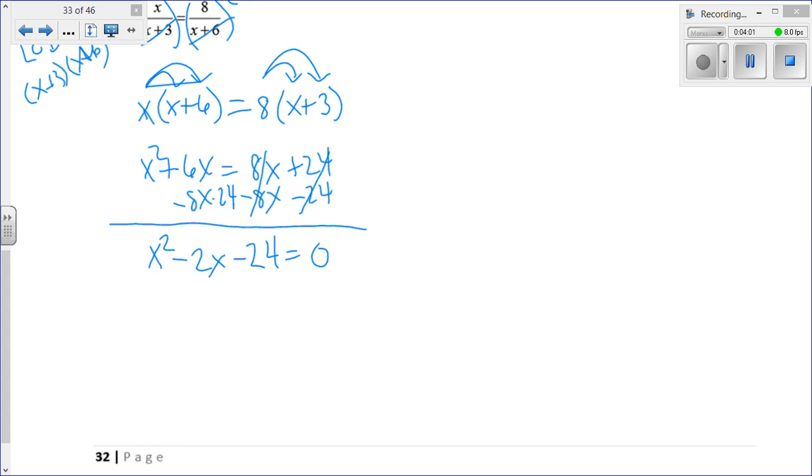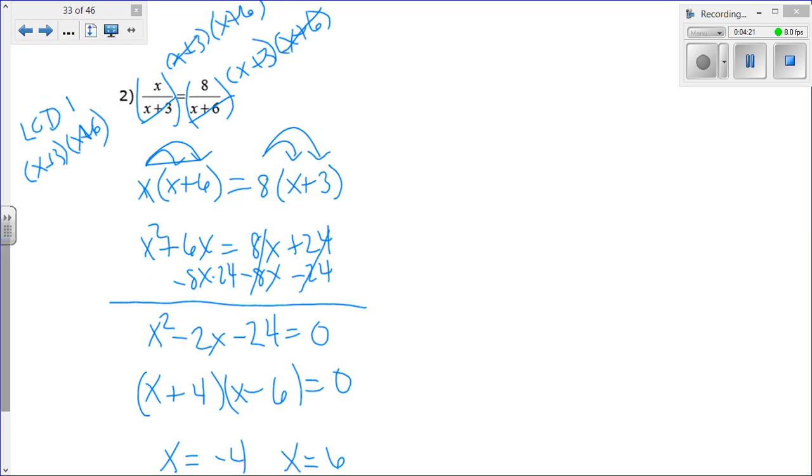Now I just need to factor, and my factors of 24 that subtract to give me 2 are 4 and 6. That's a minus 6 and a plus 4. So x equals negative 4 and x equals 6.